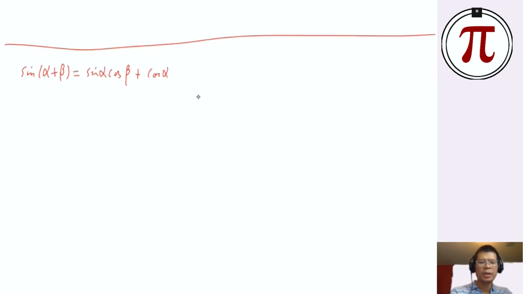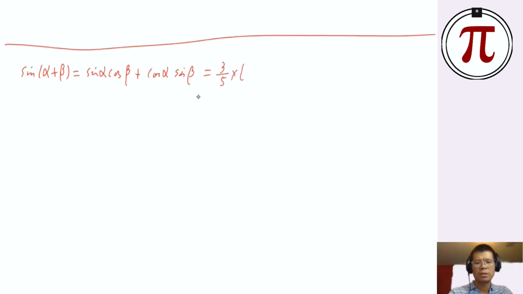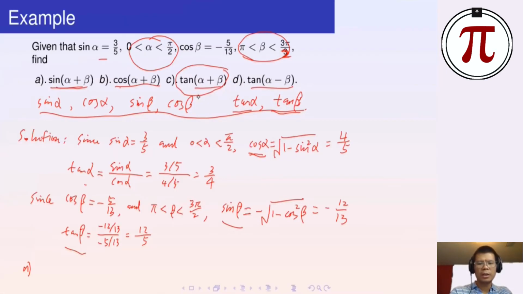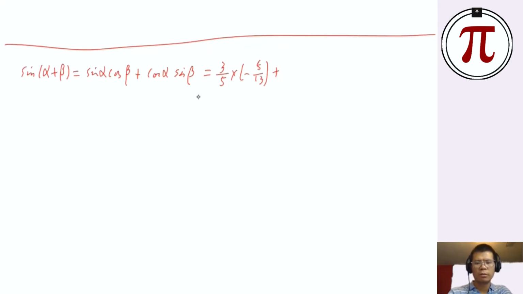Now A is sine of alpha plus beta, which is sine alpha cosine beta plus cosine alpha sine beta, right? Sine alpha is 3/5. Cosine beta is negative 5/13. So we can just plug in 3/5 times negative 5/13 plus cosine alpha, which is 4/5, times sine beta, which is negative 12/13. Now you can simplify this.